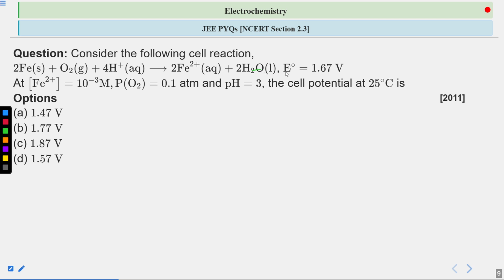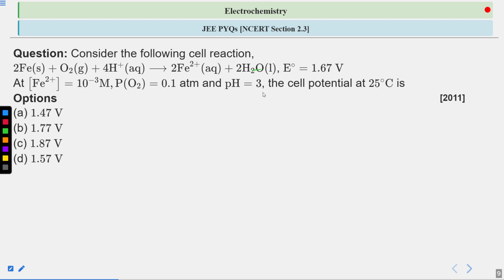The E naught for this cell reaction is given as positive 1.67 volt.